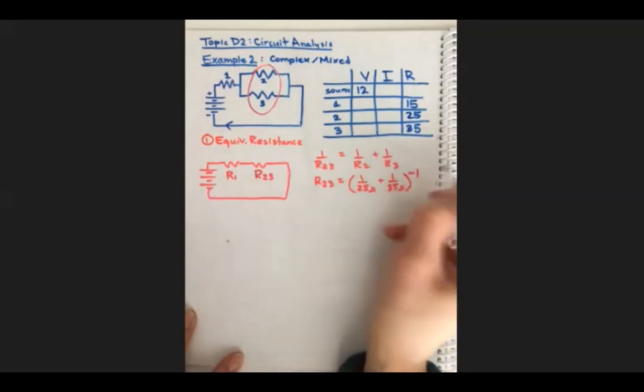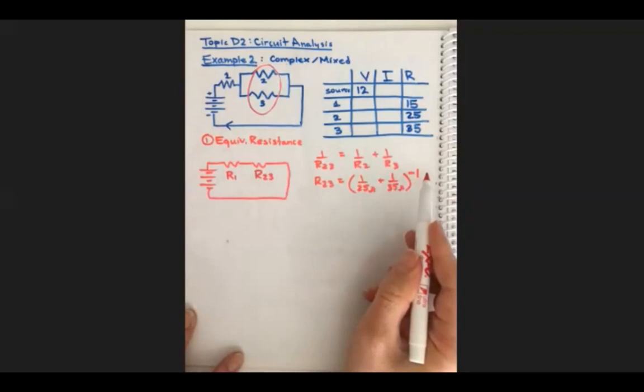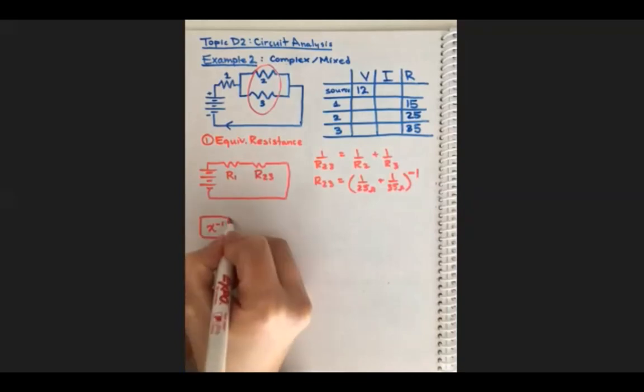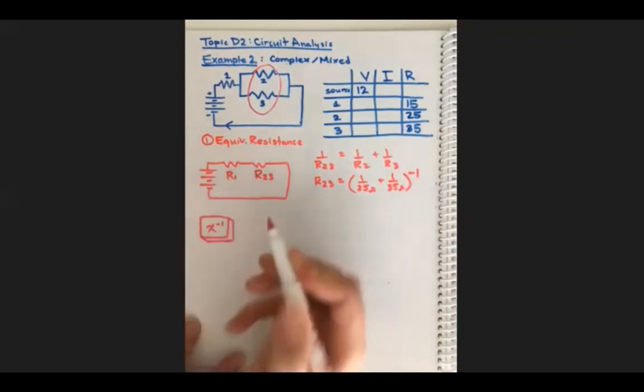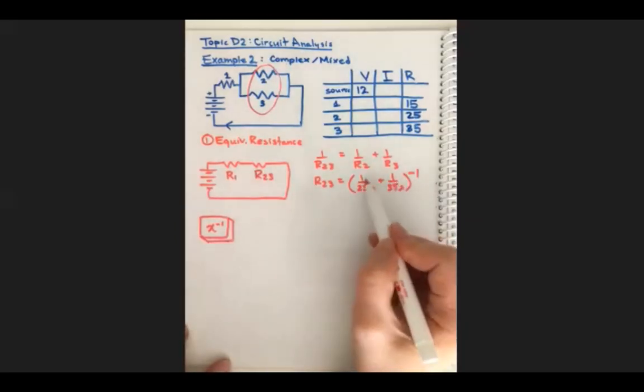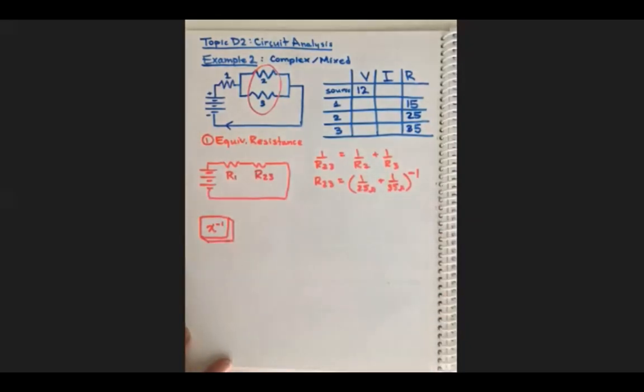I usually write to the power of -1, and there is a button on your calculator that looks like that. That is the button you're going to want to find in order to flip your answer. So you're going to do 1 divided by 25 plus 1 divided by 35, and then flip your answer by pressing that button.